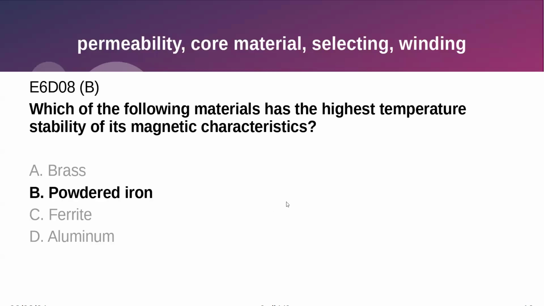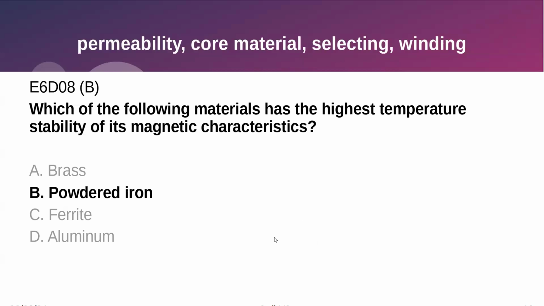Brass is sometimes used in inductors to actually decrease the permeability. It was used in old-fashioned coils in radios: you screw a brass plug in to control the inductance, but it reduces the permeability, so it lessens the inductance.